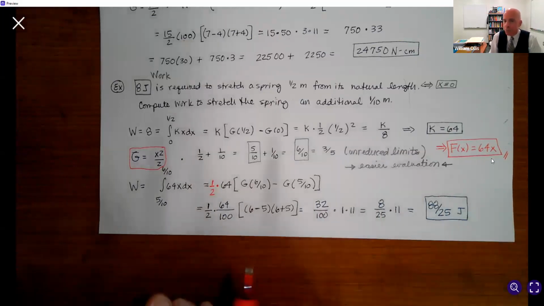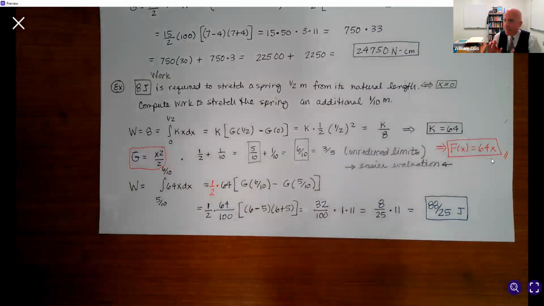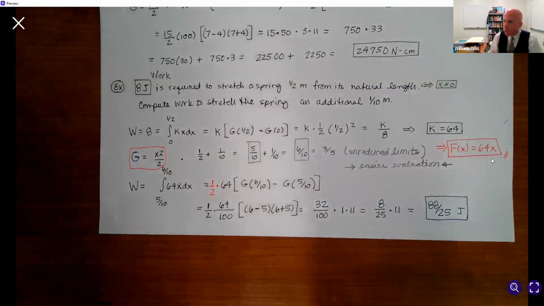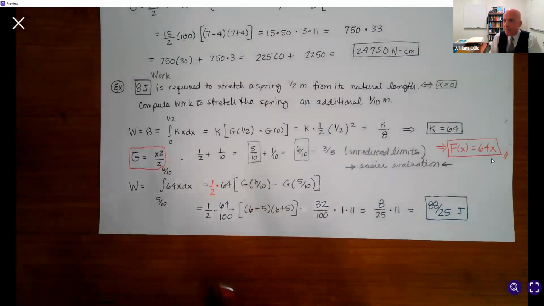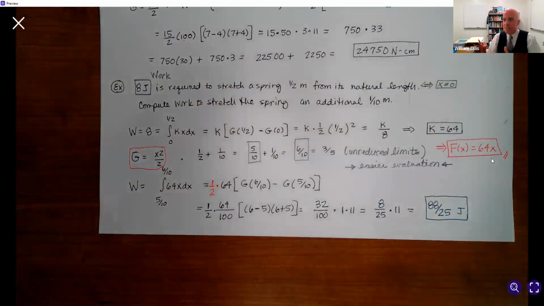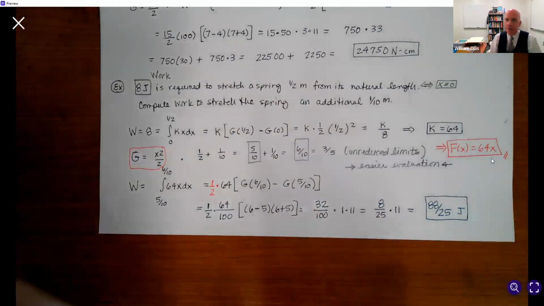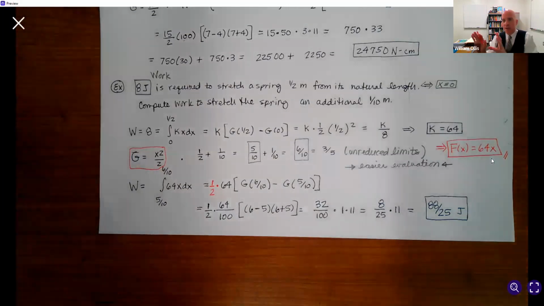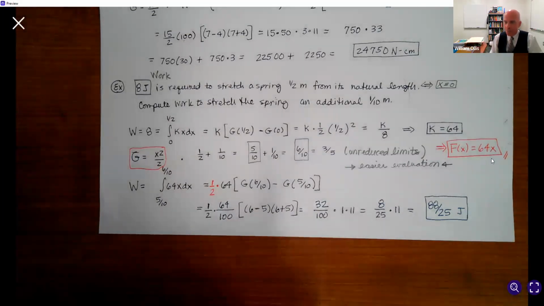So this is an interesting problem. Simple, but again, showcases a lot of the very important strategies that we use when you're working with these kinds of problems. You've got your pi with the disk method, you've got the shell method, you've got the 2 pi, you've got the area of a surface of revolution, you have another constant of 2 pi.